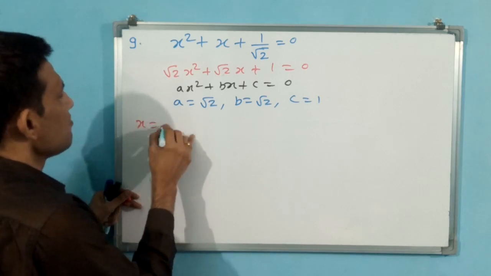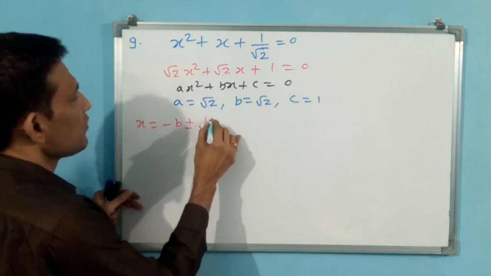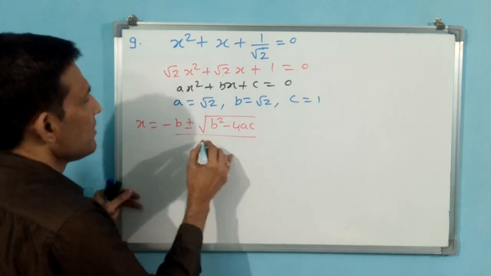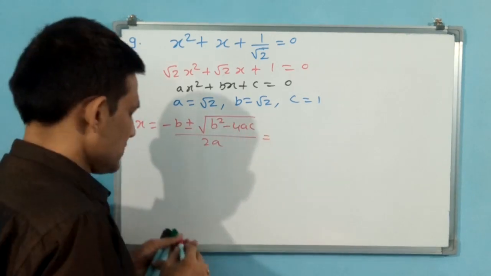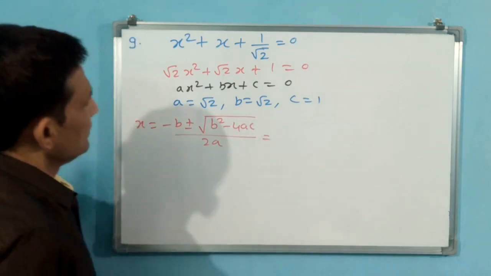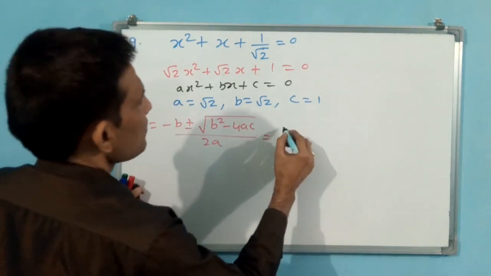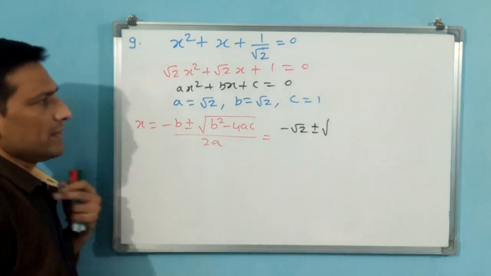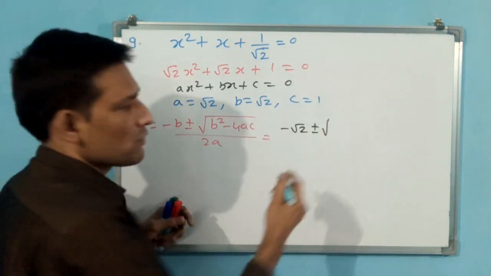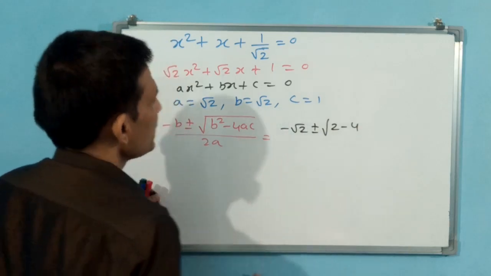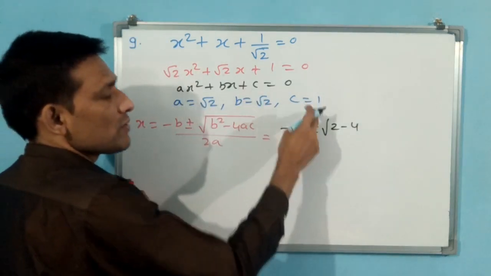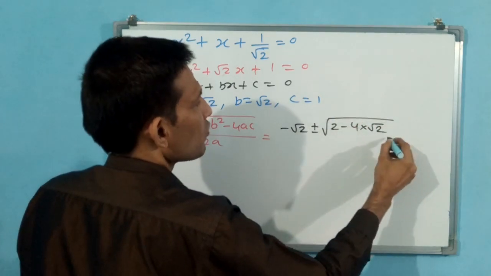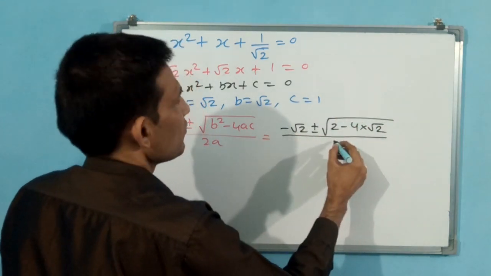X is equal to minus b plus or minus square root of b square minus 4ac by 2a. Then substitute: minus b, minus root 2. Plus or minus square root of b square, root 2 square, 2, minus 4ac, root 2 into 1, root 2.